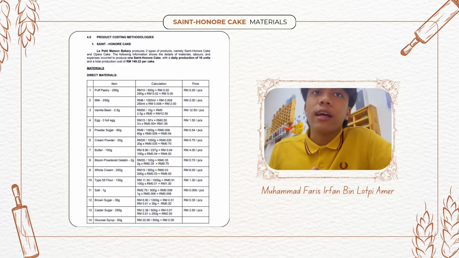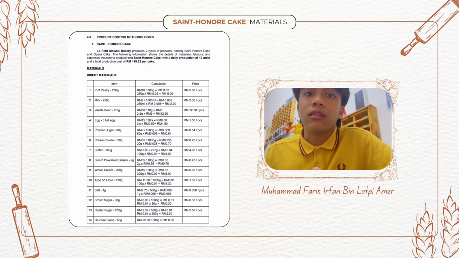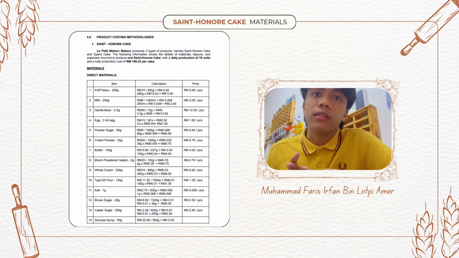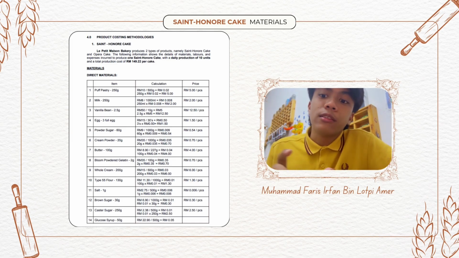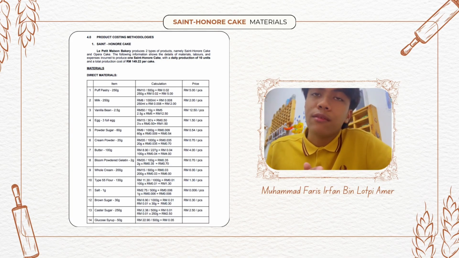For materials, there are two types of materials, which are direct materials and indirect materials. For direct materials, Le Petit Maison Bakery incurred a total direct materials price of RM67.65 for one piece of whole Saint Honor cake.